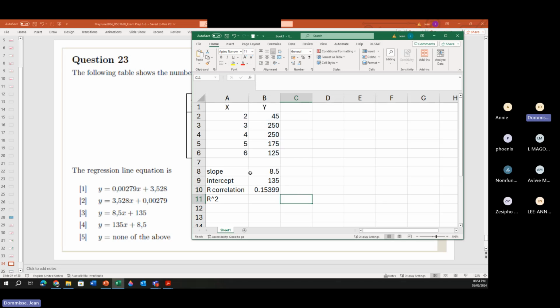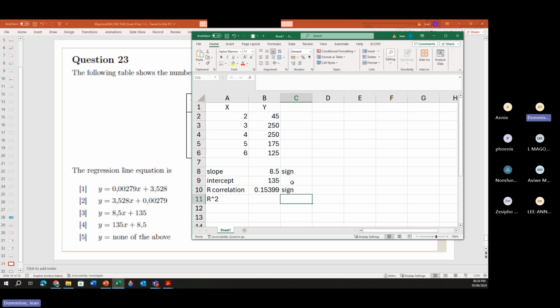The other thing I wanted to show you is that if your slope is positive, your correlation is positive. If the slope was negative, your correlation will also be negative. So that sign and this sign will be the same.